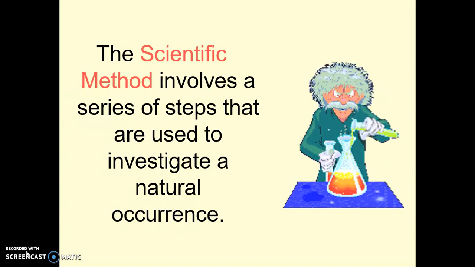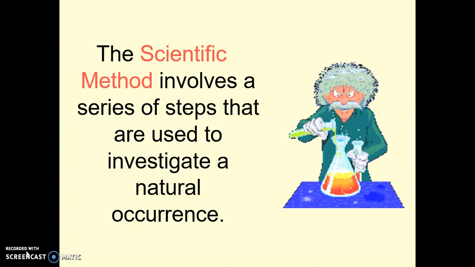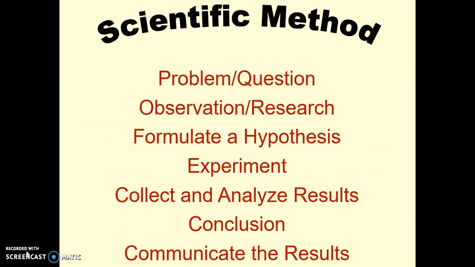So let's look at the different steps of the scientific method. These are all the steps. Step one is problem or question. Second, observation or research. Third, formulate a hypothesis. Fourth, you do an experiment.